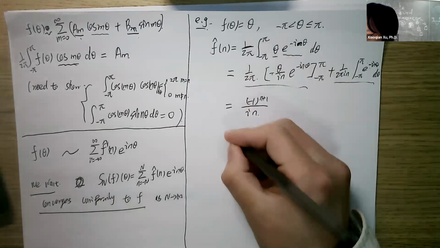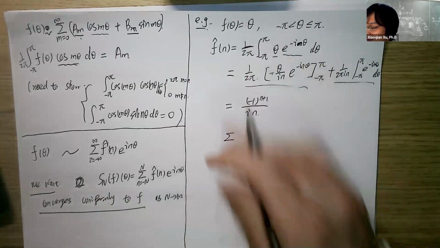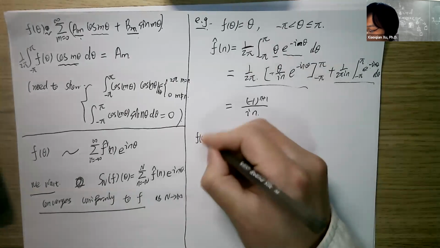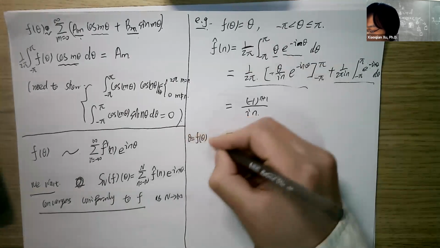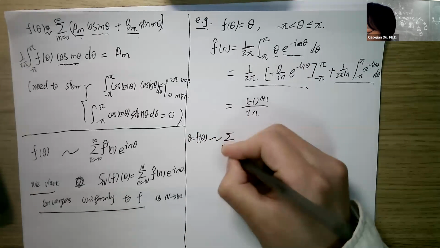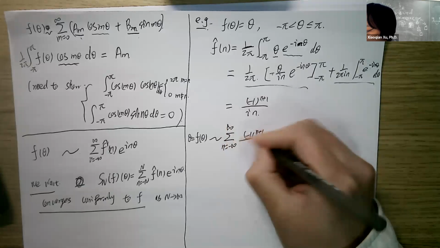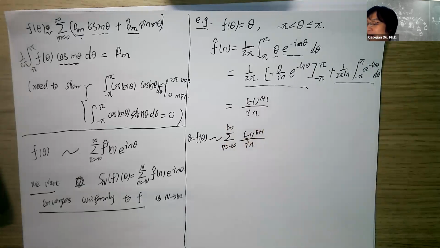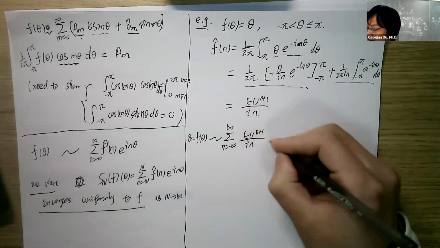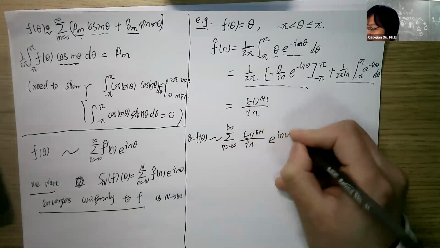Then the Fourier series of this f theta is the sum from minus infinity to infinity of minus 1 to the power n plus 1 divided by i times e to the i n theta.